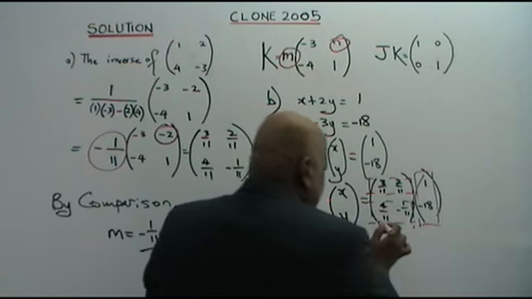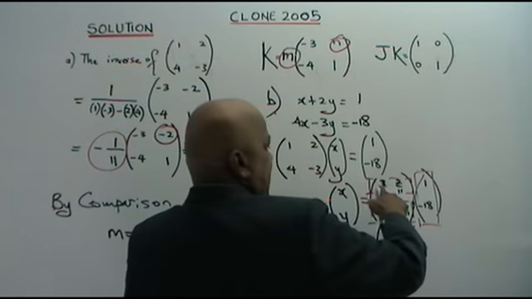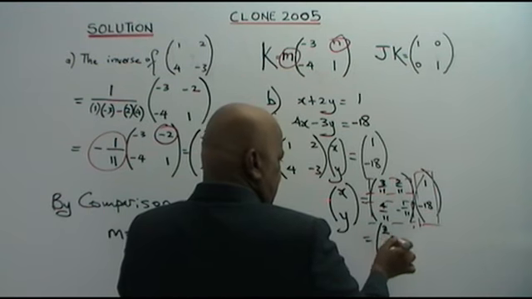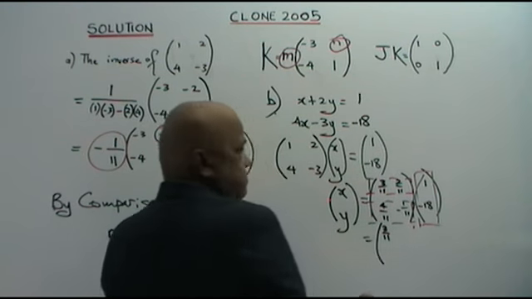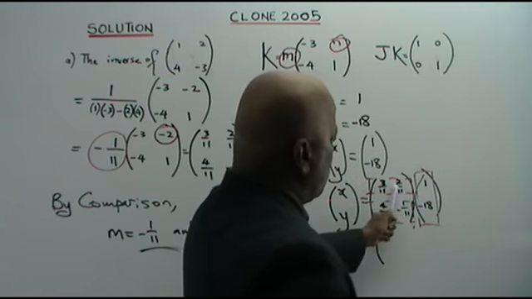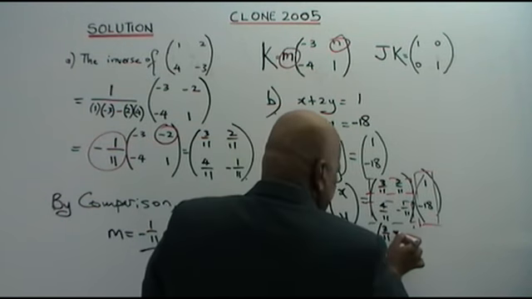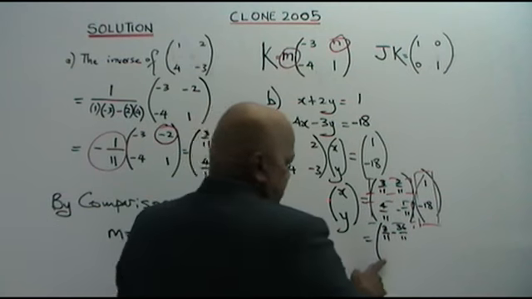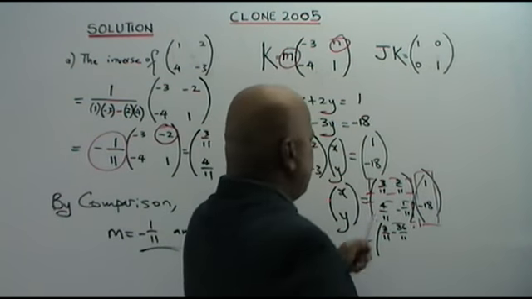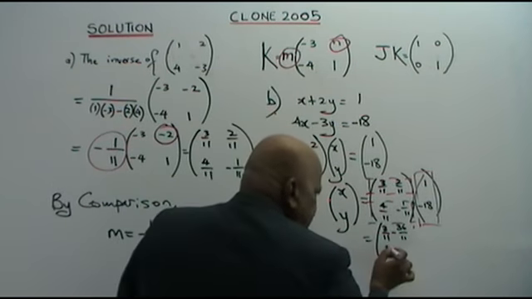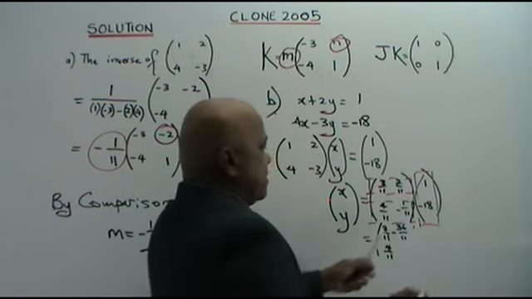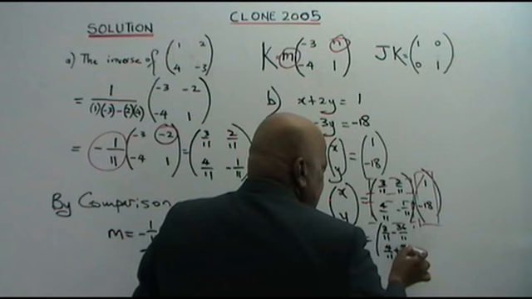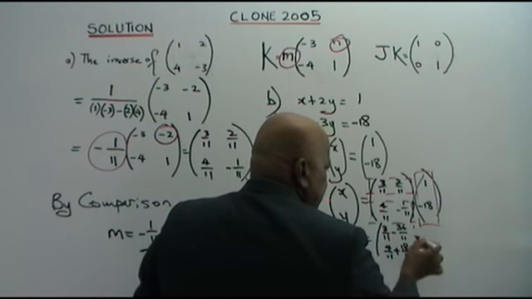Now let's see what we get. 3 over 11 times 1 is 3 over 11. 2 over 11 times negative 18 is negative 36 over 11. And 4 over 11 times 1 is 4 over 11. Negative 1 over 11 times negative 18, negative, negative, positive, plus 18 over 11.